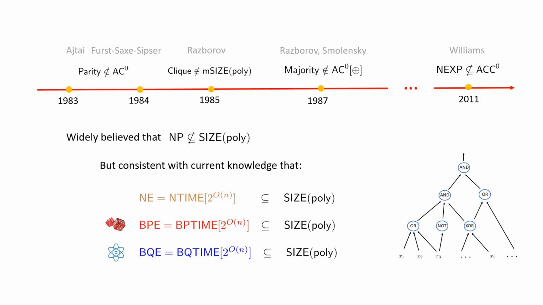Still, most researchers believe that there are problems in NP that cannot be solved by circuits of polynomial size, and that this is a promising way of attacking the P versus NP question.